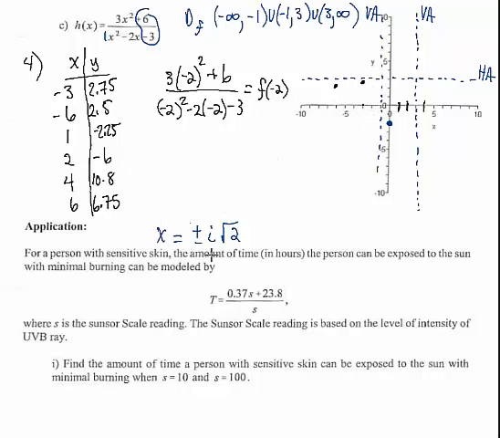We had these x-intercepts, or zeros I should say, that were complex, so we don't have any x-intercepts. So what does this number work out to be? 3 times 4 plus 6 over 4 plus 4 minus 3. 8 minus 3 on the bottom is 5. 3 times 4 is 12 plus 6, 18. And so we get 18 over 5.